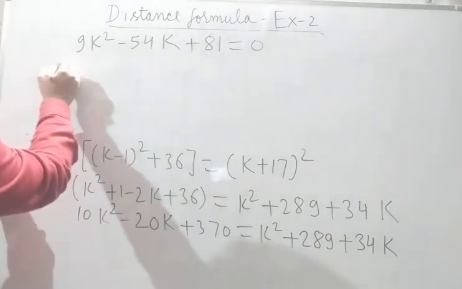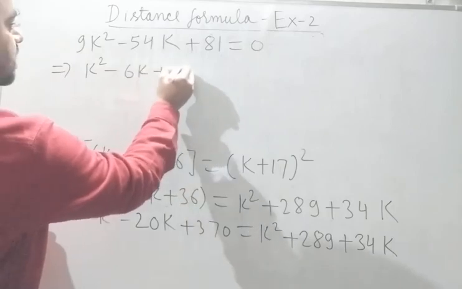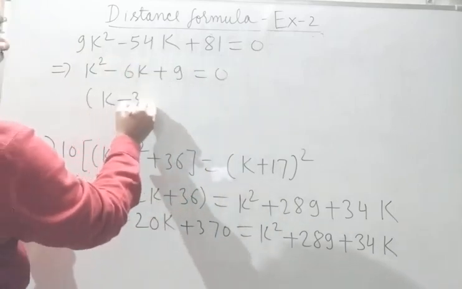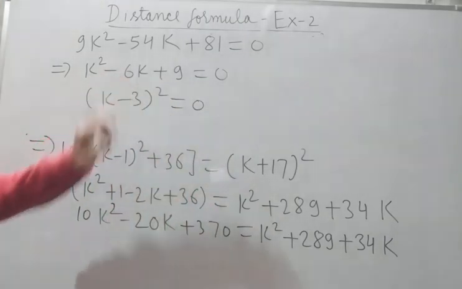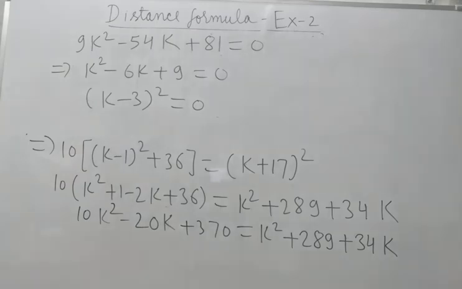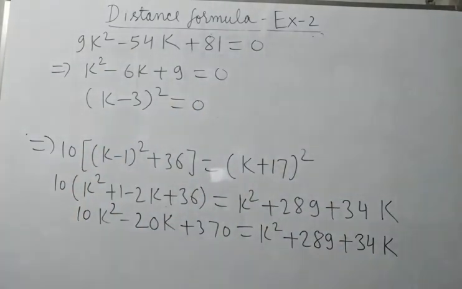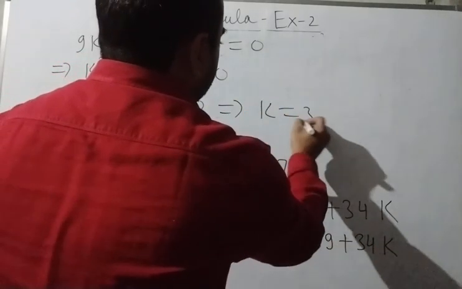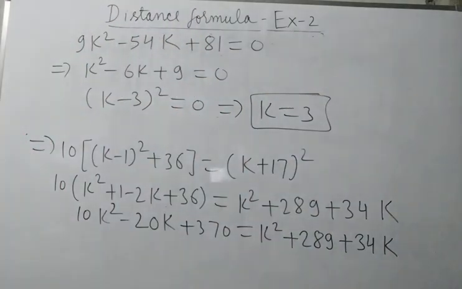So again 9 is common throughout. So k square minus 6k plus 9 is equal to 0. And you can see this is nothing but (k minus 3) whole square. See, a square plus b square minus 2ab. Clear? 9 is common throughout. So we have k is equal to 3. So for k is equal to 3, the points are collinear.